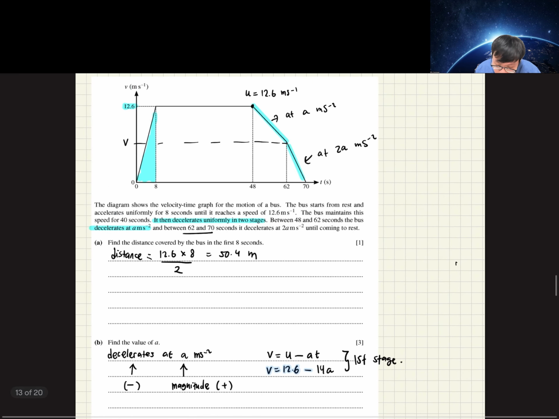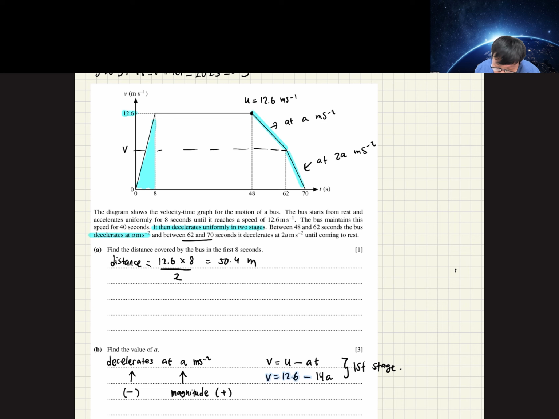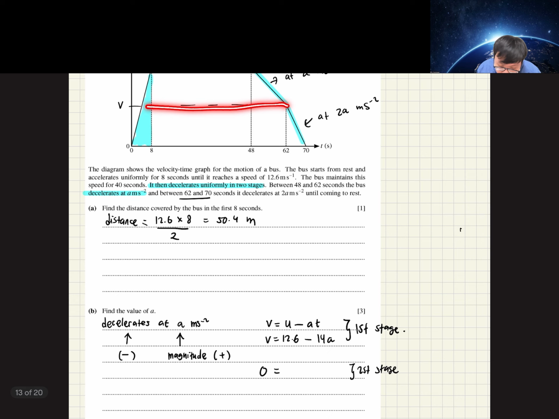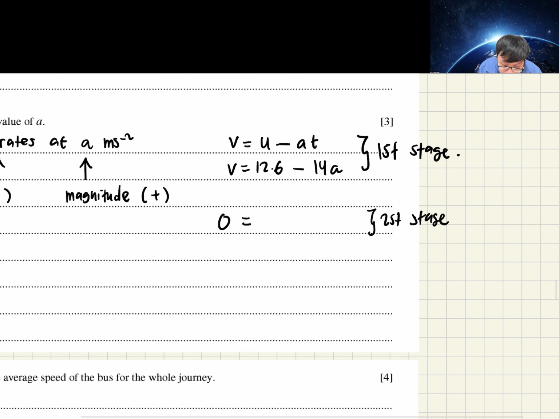The second stage of deceleration is at 2A within 8 seconds. So use the same formula, V equals U minus AT, but now V is the final velocity on the second stage, which is 0. Initially it moves at the same V from the first stage, which is 12.6 minus 14A, the initial velocity on the second stage.